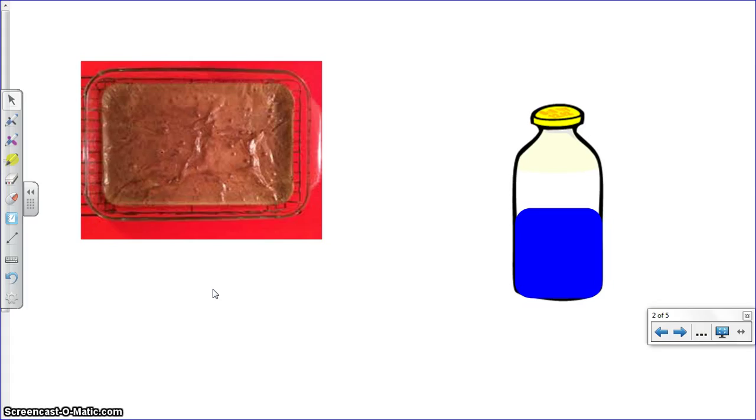So if I wanted to cut this pan of brownies in half, I don't need to measure it because I'm not going to be exact. I'm going to use a benchmark fraction, a way of estimating where that should be cut in half.